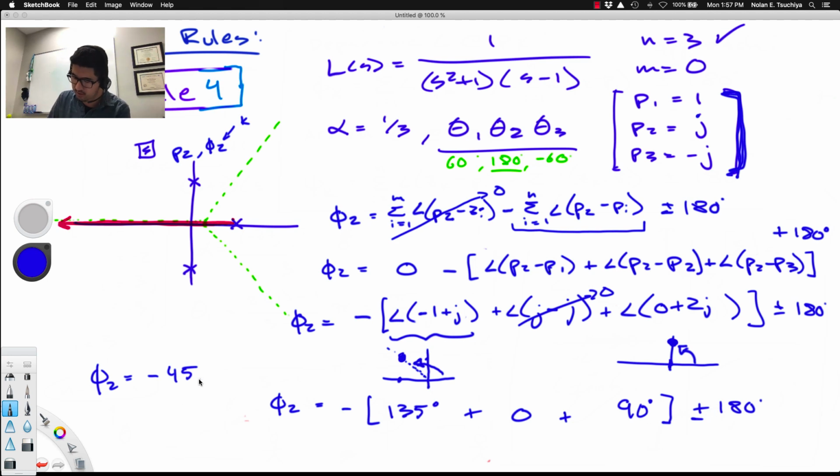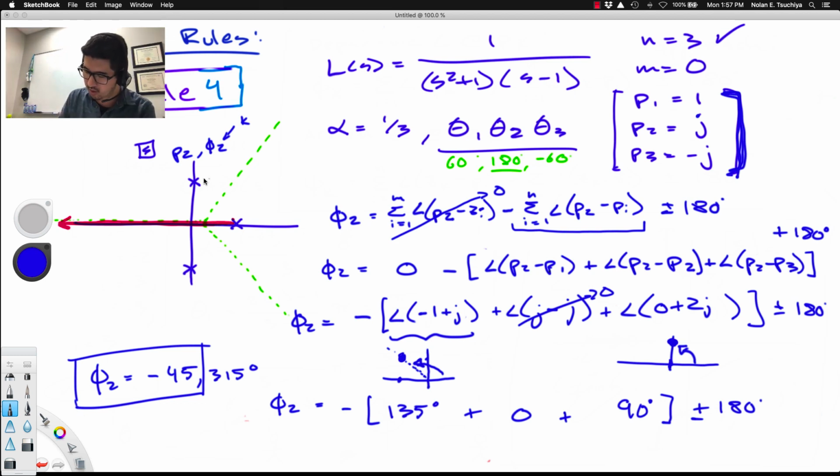If you chose positive 180, you would get 315 degrees, but those are the same angle ultimately. One you just go negative, the other way you go all the way around positive, but you'll end up at the same point. So phi 2, we'll call it minus 45, which finally gives us a very clear picture of how these branches depart from their poles.